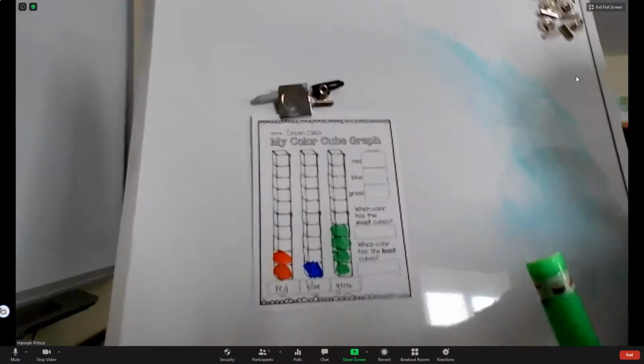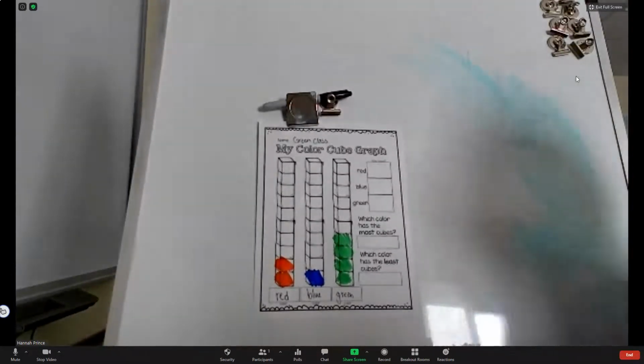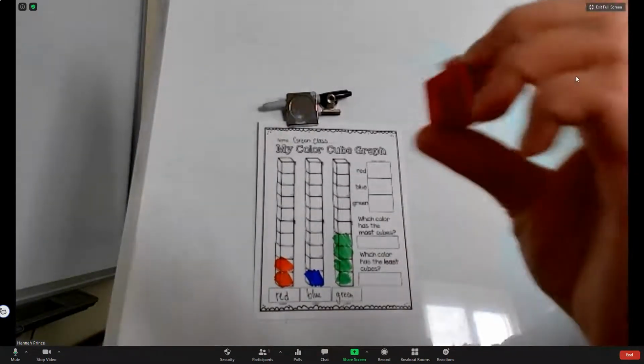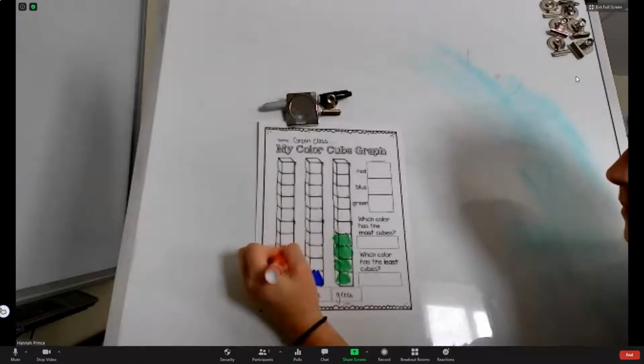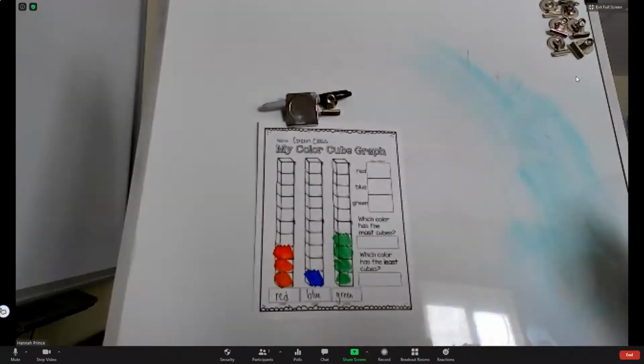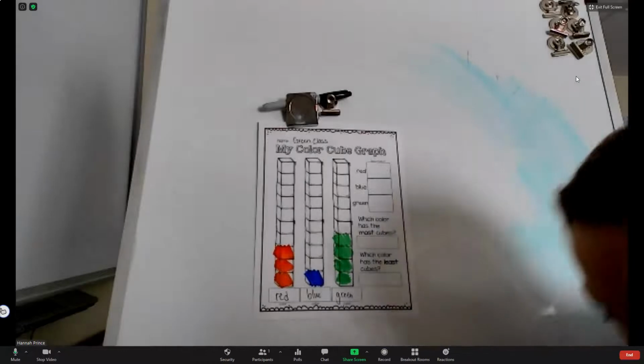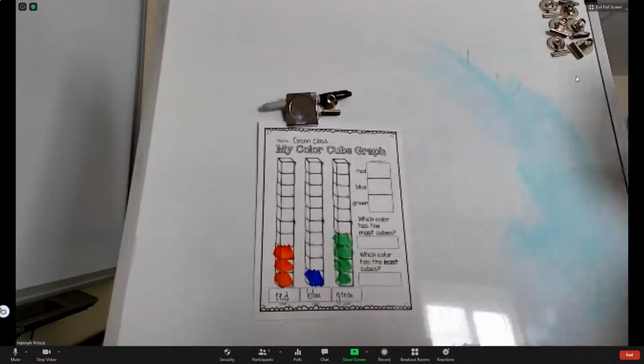I'm going to redo that one. Next color is red. Okay. We got a red again.